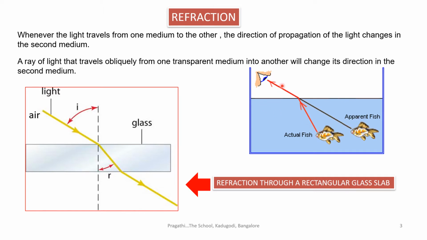Because of the medium. The eye is in air medium. The light is traveling, then this is water. So the medium changes. Whenever the light is coming here, traveling straight, it bends, it changes its propagation. Clear?